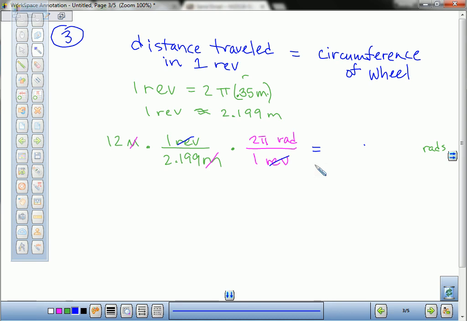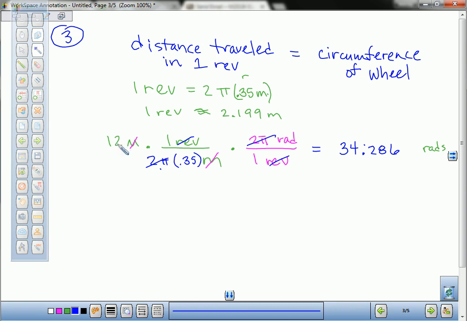All right, so let's see what you get. 34.2. That's correct. It'd be 12 times 2 pi over 2.199. Now, if we hadn't already multiplied this out, if we had left this 2 pi over 2 pi times 0.35, do you see that I also could have canceled the 2 pi's?